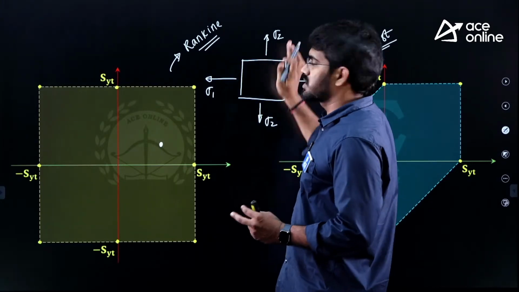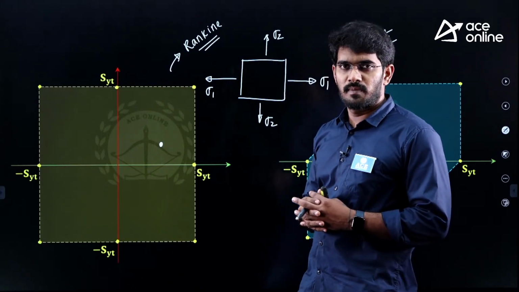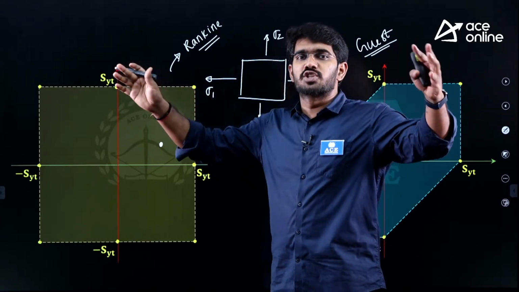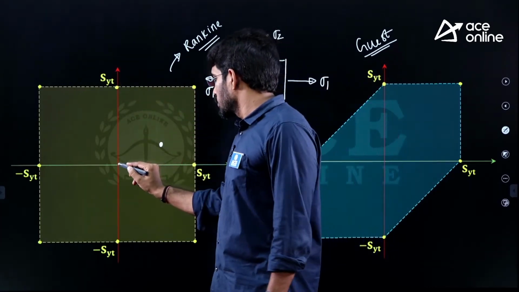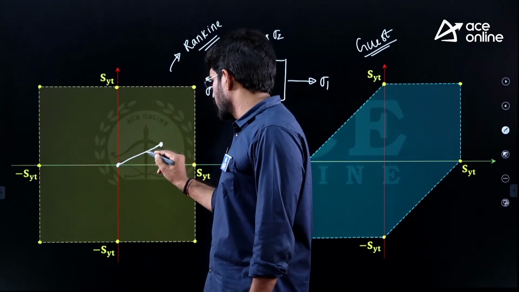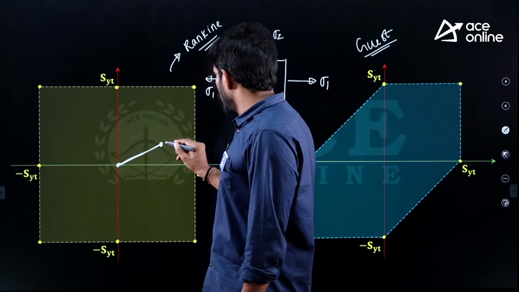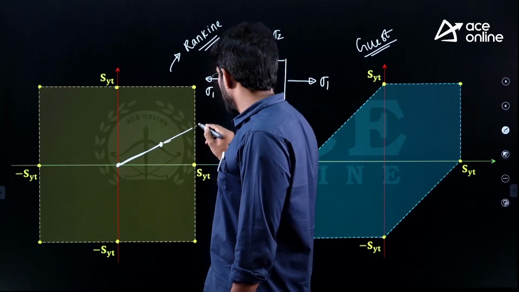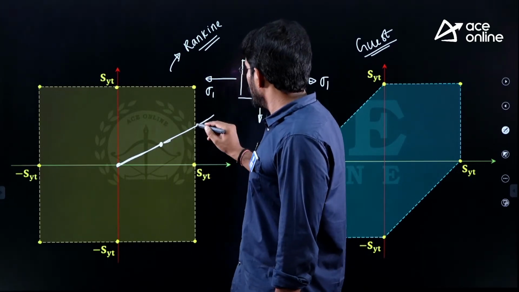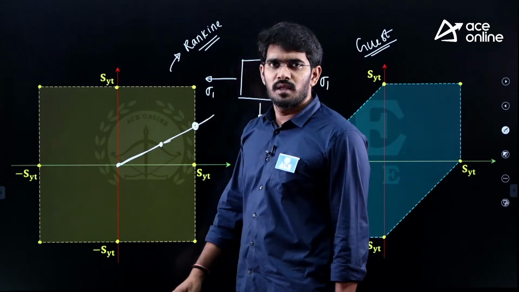What is the ratio here? If this is 100 and this is 50, sigma 2 divided by sigma 1 becomes 1 by 2. So, keeping this ratio constant, we apply load gradually to reach that particular point. Initially the load is 0, we apply the load, and then we reach this point. Even if you increase the load further, finally you can only reach up to this position according to this theory.